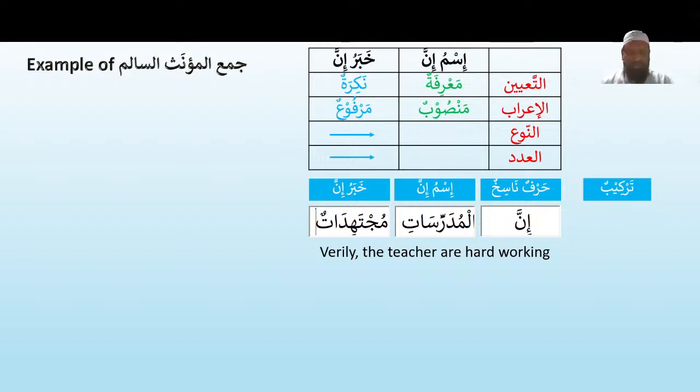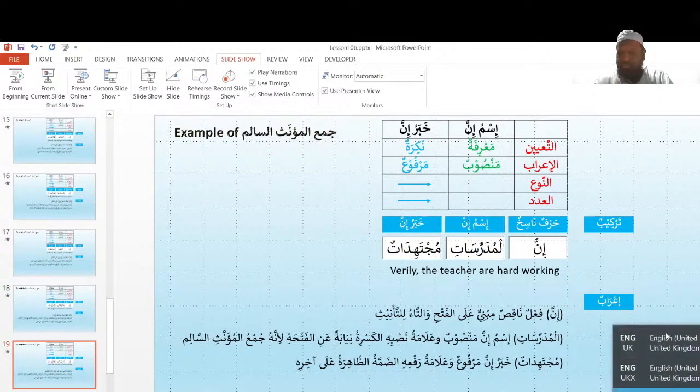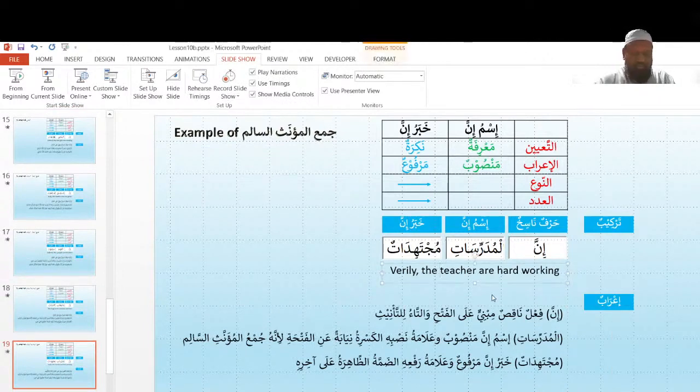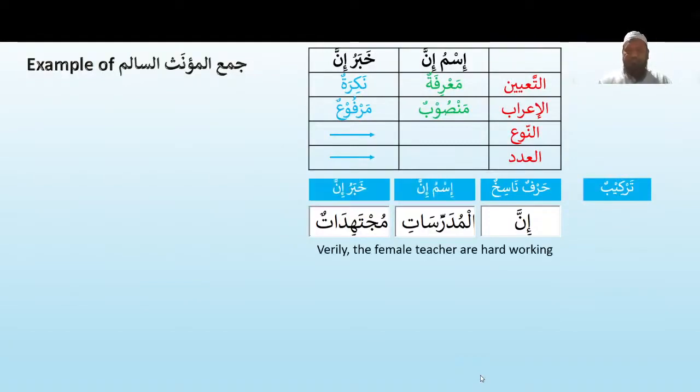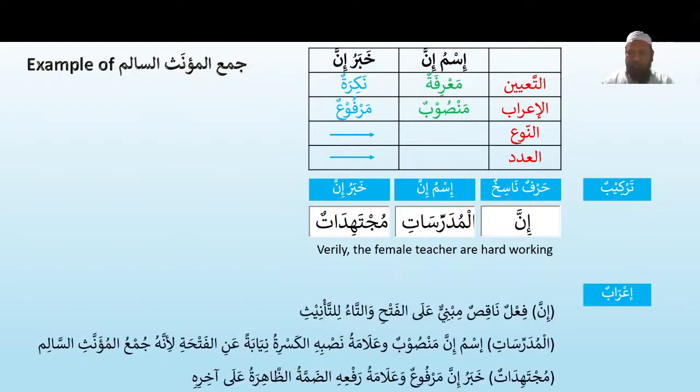Verily, the female teachers are hardworking. Let me just change that. إن المدرسات مجتهدات. The i'rab will be exactly the same as the previous example.